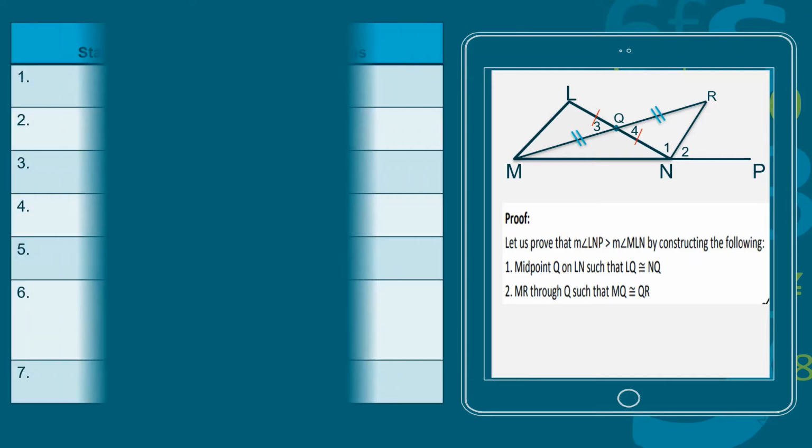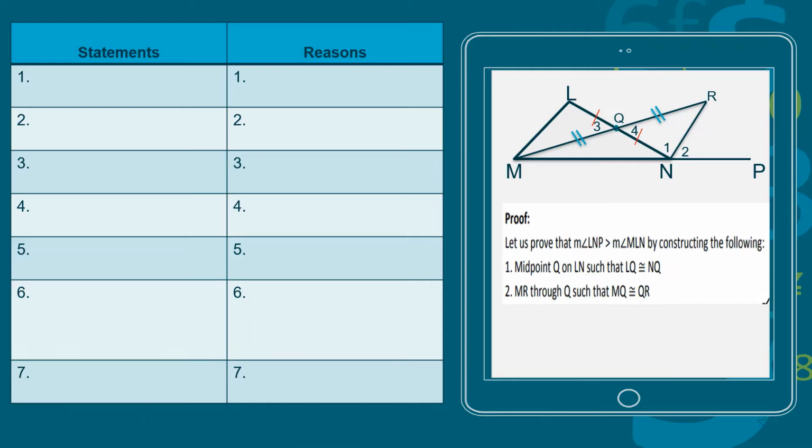Now, let's complete the two-column proof. For statement number 1, what can you say about LQ and NQ, and MQ and QR? Correct. LQ is congruent to NQ and MQ is congruent to QR.